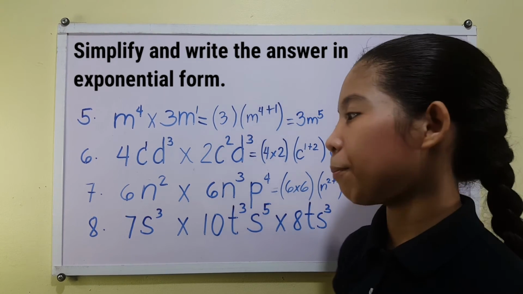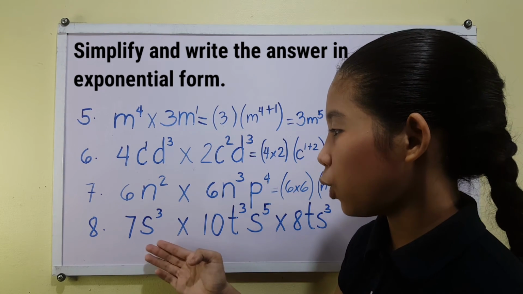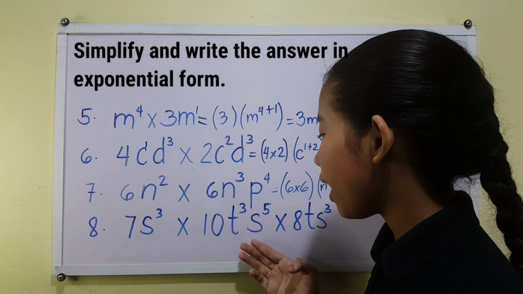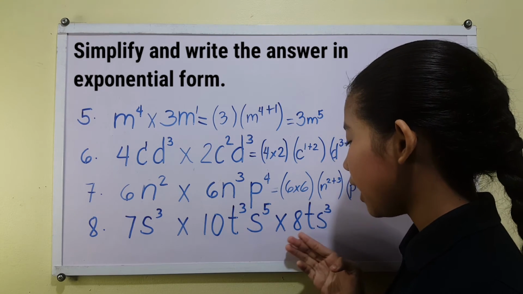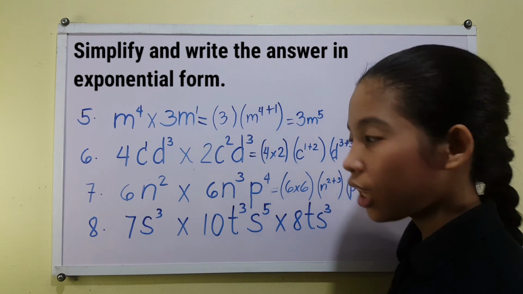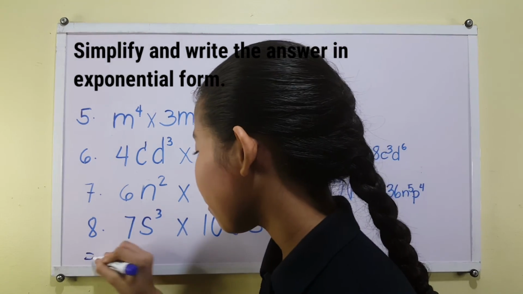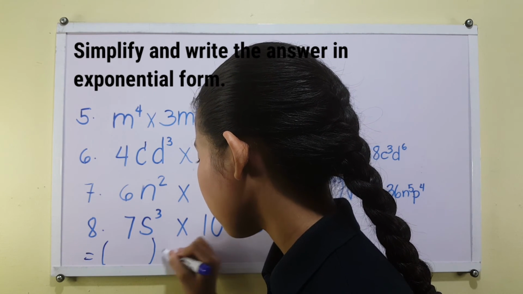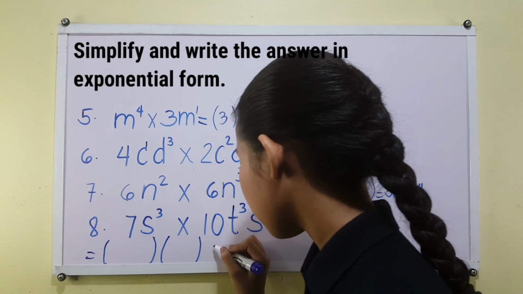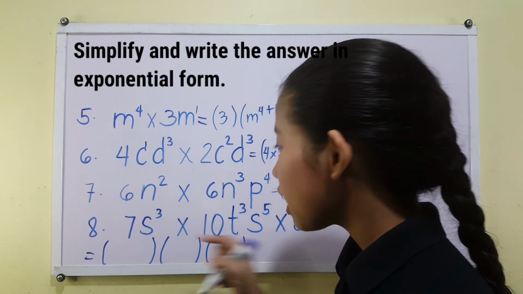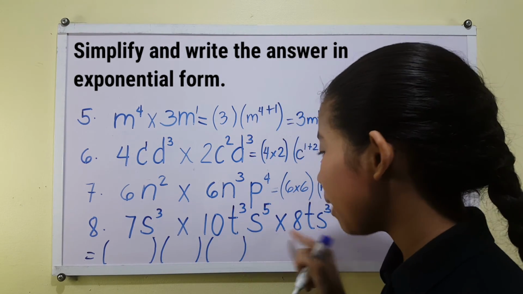For our last example, we have 7s cubed times 10t cubed s to the power of 5 times 8ds cubed. Now we have 7 times 10 times 8.